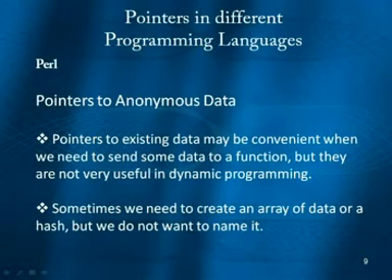Here we take a look at pointers to anonymous data. In dynamic programming, pointers are not useful but may be convenient when we need to send some data to a function. At times, we create arrays and hashes, but we may not want to have them.